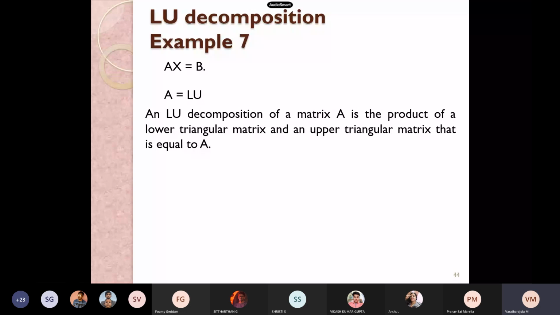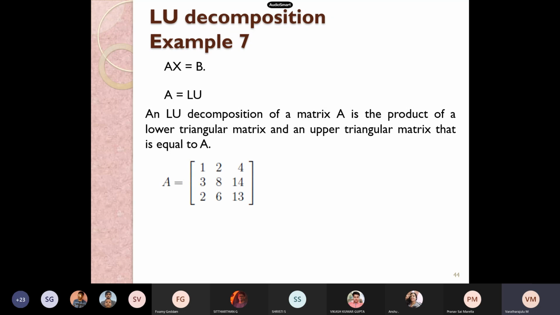That is, the LU decomposition of a matrix A is the product of a lower triangular matrix and an upper triangular matrix that is equal to the given matrix A. Here we are concerned about finding the unknowns x1, x2, x3, but what we are trying to do is divide the given square matrix into a lower triangular matrix and an upper triangular matrix.